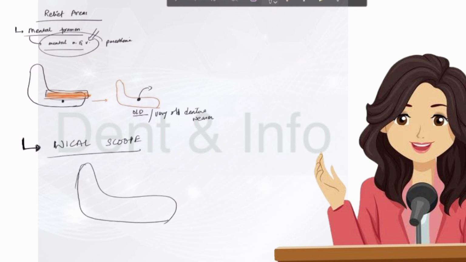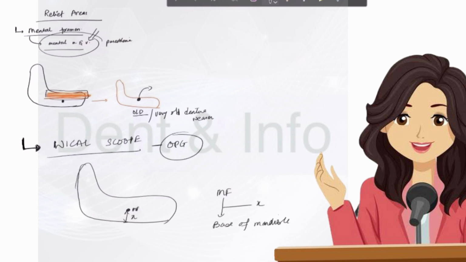If you want to identify the resorption that is happening, or rather the original height of mandible, consider the distance from the mental foramen to the base of the mandible as x.